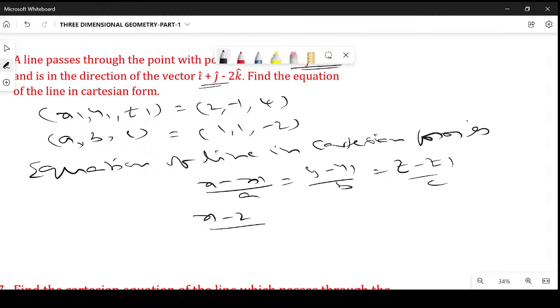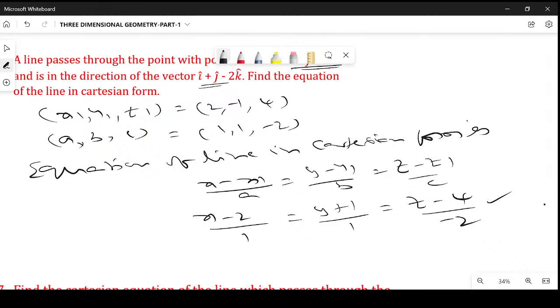So x minus 2 by 1 equal to, I can write y plus 1 by 1, and z minus 4, be careful here, z minus 4 by minus 2. So I got, this is the equation of the Cartesian form.